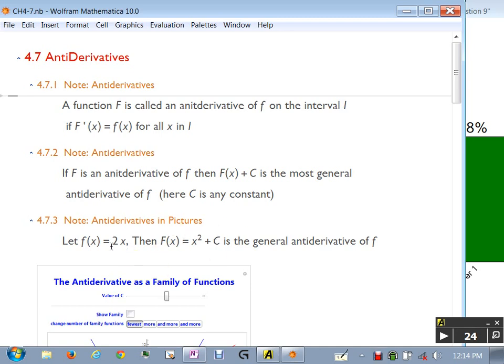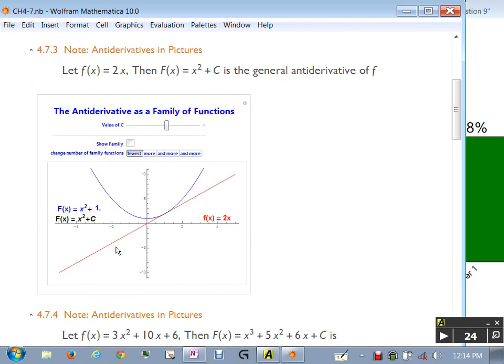Okay. So what we want to look at here is to get an idea visually of what's happening. We'll start with the 2x. That's little f. It's a line, right? 2x. Its antiderivative is x squared plus any number. So this is x squared plus 1 right here.